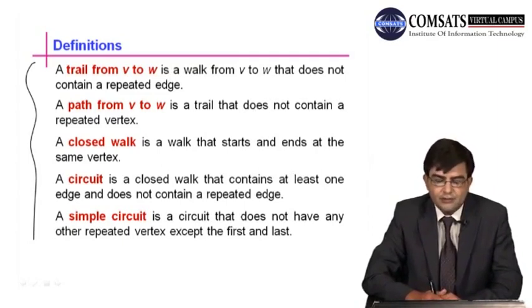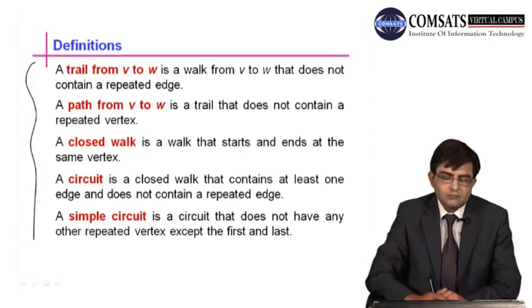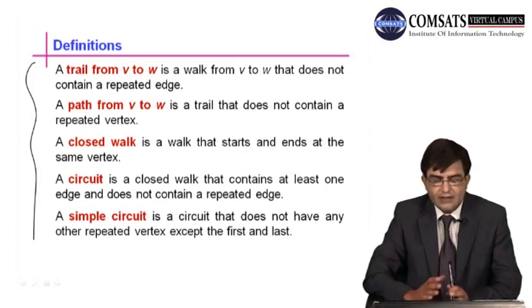A path from V to W is a trial that doesn't contain a repeated vertex. Here they have restricted the vertices also, that vertices should not be repeated. So in a path we have both conditions: edges must not be repeated and vertices are also not repeated.